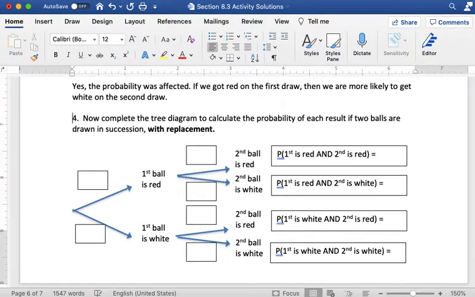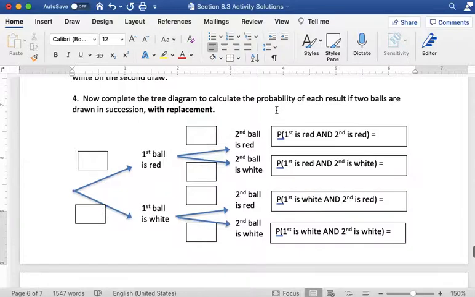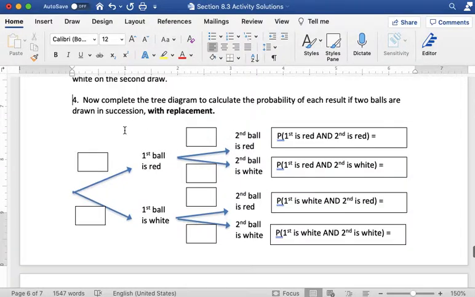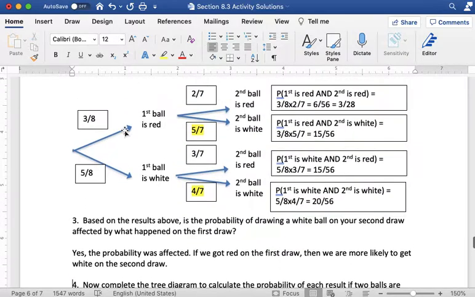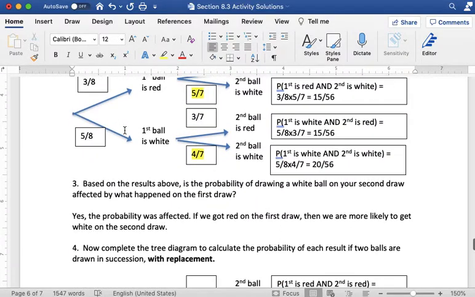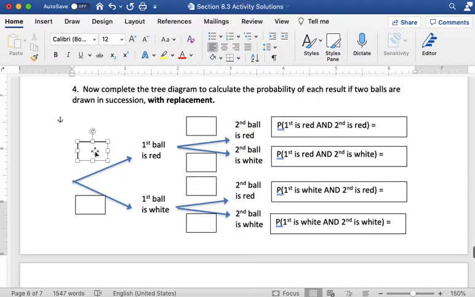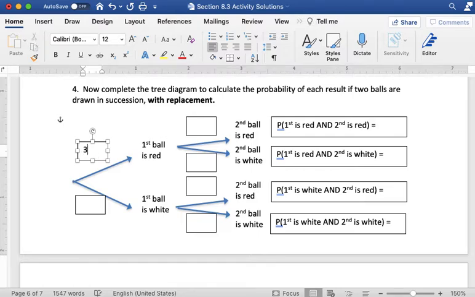So now we are replacing the ball every time that we draw before we do the second draw. So I still have my same first 2 probabilities here because I have 3 red balls and 5 white balls. So the probability that I get red on the first draw is 3/8, and the probability that I get white is 5/8.